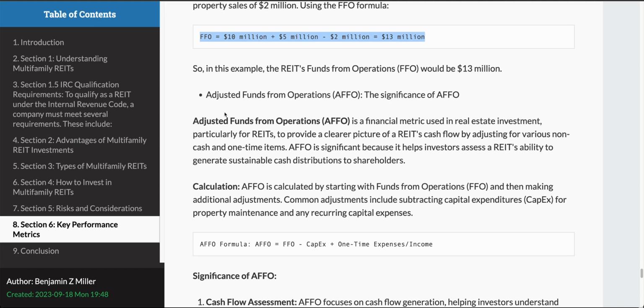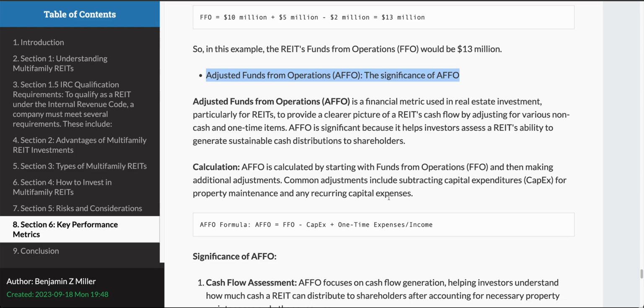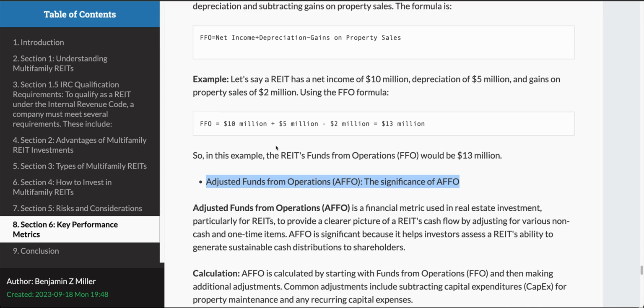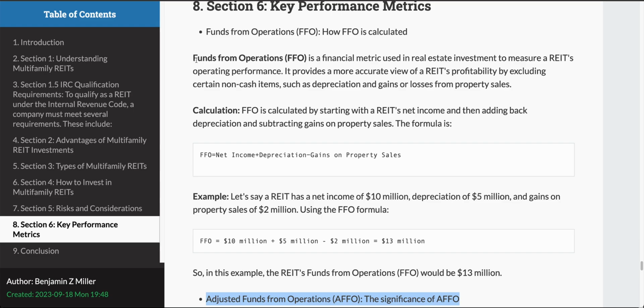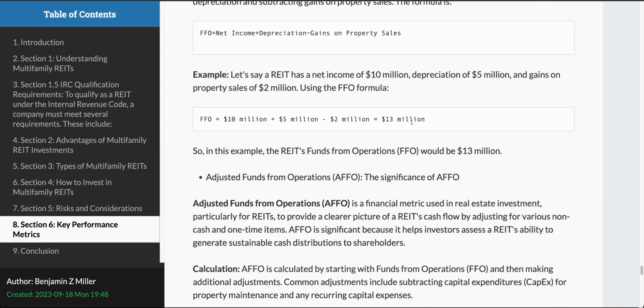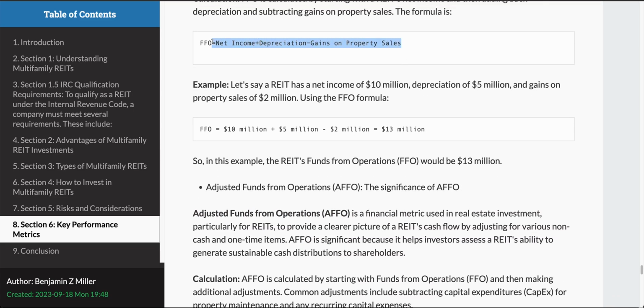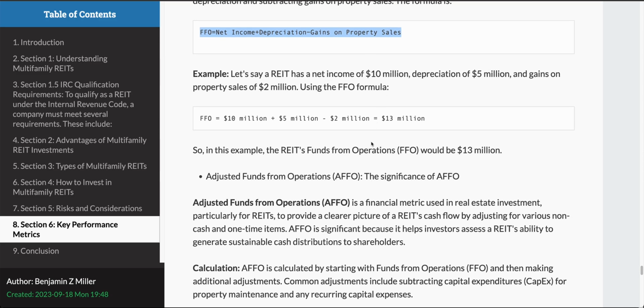Another key metric with REITs is the adjusted funds from operations, and that's calculated by, you're going to calculate the funds from operations, which we just did here, where you use this formula: the net income plus the depreciation minus the gains on property sales.